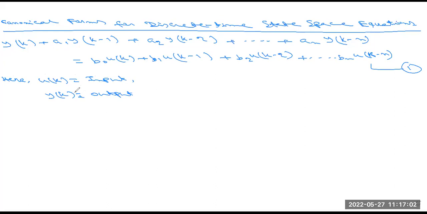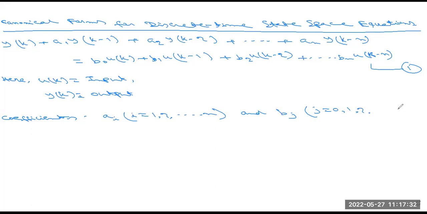You know that k changes over the range 0 to infinity, and the coefficients we have to use are ai, where i is equal to 1, 2, dot dot, up to n, and bj, where j is equal to 0, 1, 2, dot dot, up to n terms.